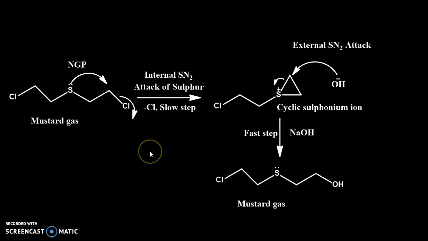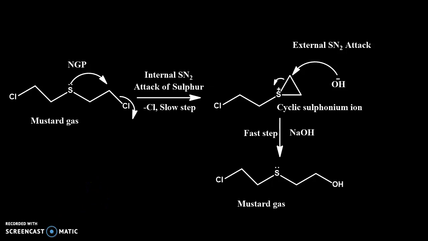So these are the various examples which explain the stereochemical outcome of neighboring group participation reactions. Now in summary, if nucleophilic substitution reactions are without involving neighboring group, then in SN1 reaction there is 50% inversion in configuration and 50% retention in configuration.